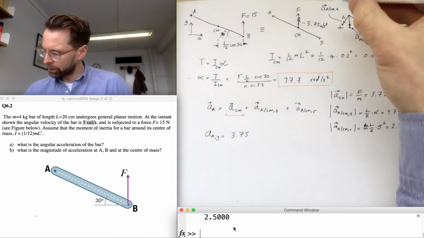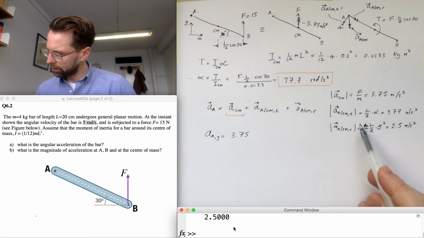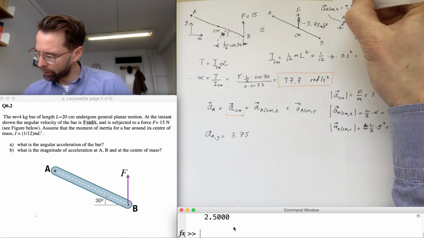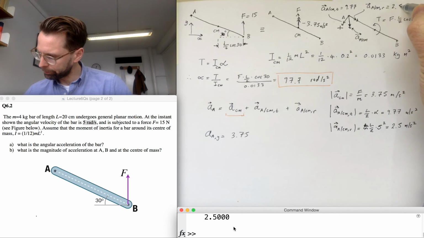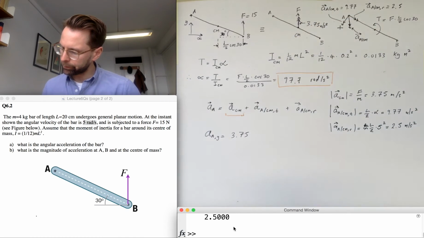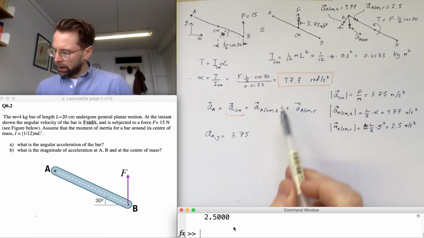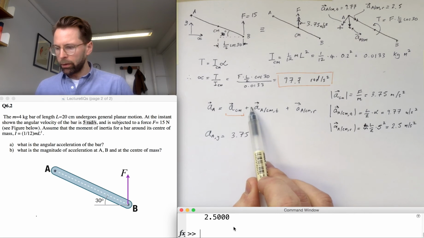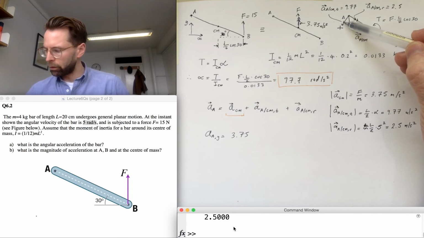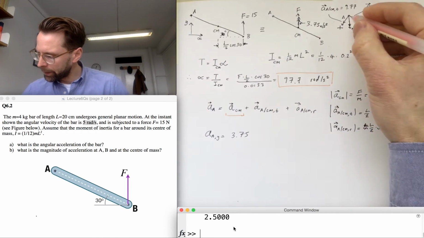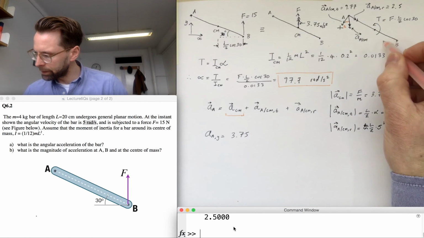Just to make it simpler, I'll write down that this is equal to 9.77, and that is equal to 2.5. So we've got 3.75 going upwards, and the y component of this vector we now have to resolve through this angle here, and that angle is 30.